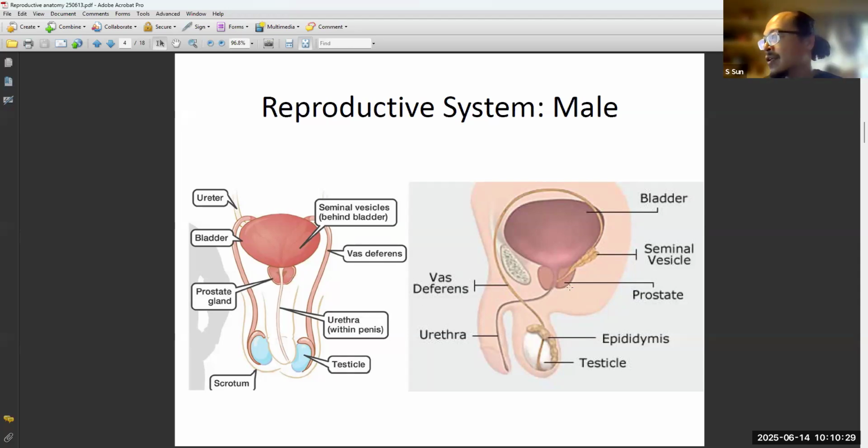This gland is called the prostate. The prostate will provide additional support, energy, and nutrients to the sperm. And the sperm will go through the urethra and then be ejected into the female body, or ejected out. So that's the key passage for the sperm. You need to know this passage, you need to know that sequence. That's the male.